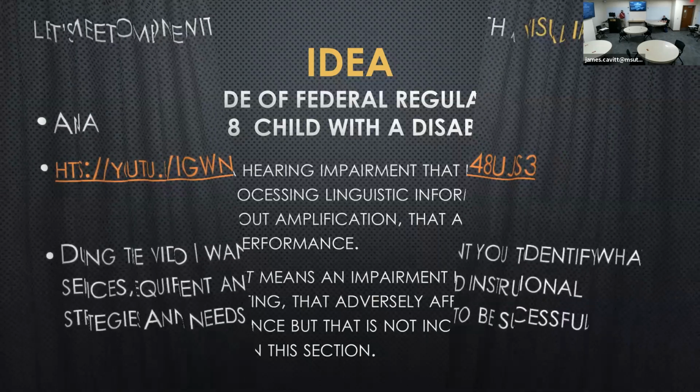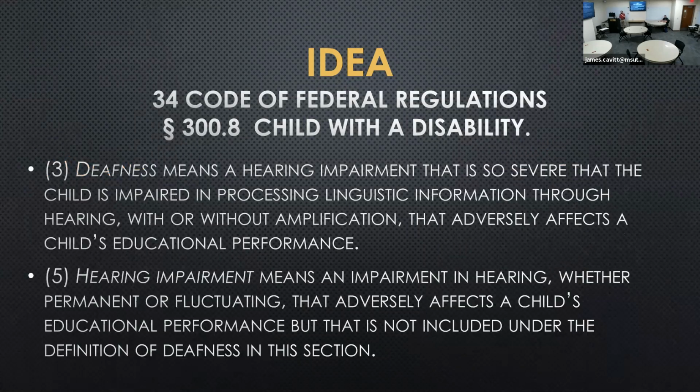So now we're going to move to auditory impairments and deafness. Again, deafness means a child is impaired significantly. Auditory impairment is like low vision, but it's a significant impairment in both ears.